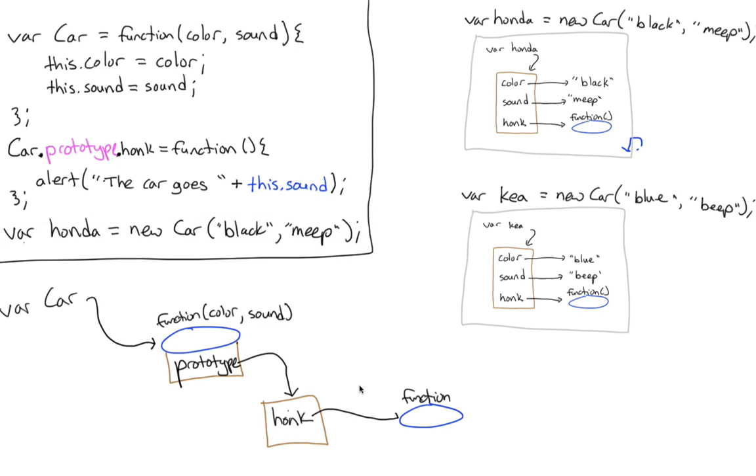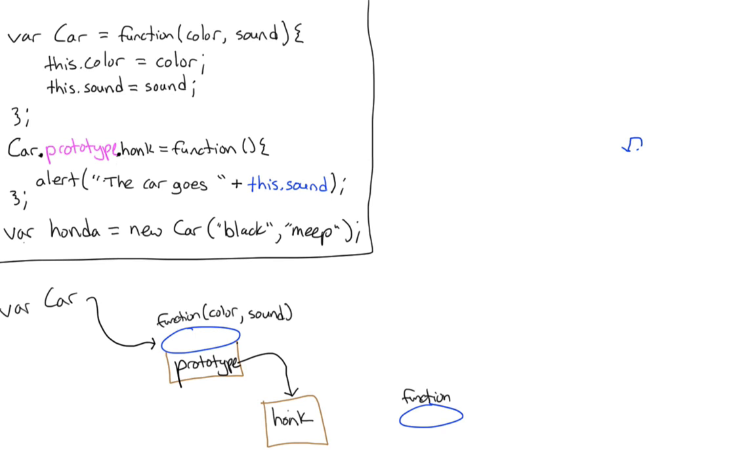Now here's the second part of the new stuff. Normally, when you have the keyword new, I've told you that it does two things. The first thing it does is it creates a new object.